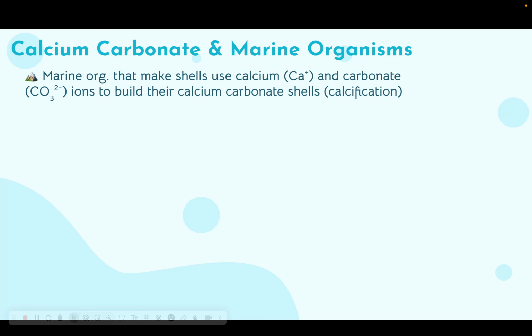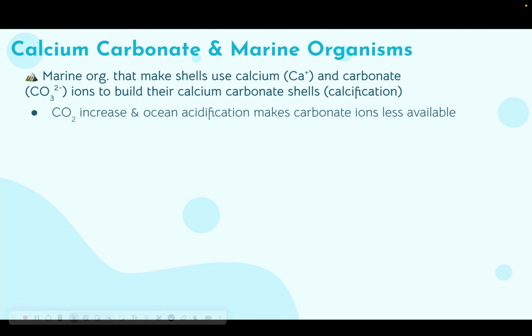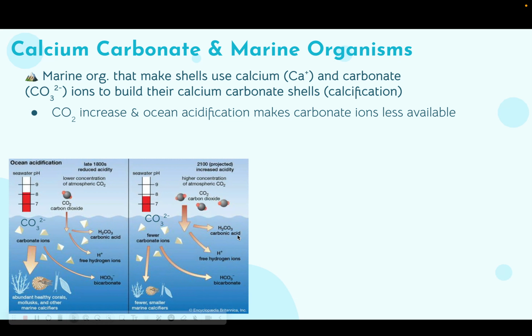So now they're not able to make their calcium carbonate shells, and so they can't go through the process of calcification, because now there's less carbonate ions available for them. And we've seen a major reduction in the amount of carbonate ions over time. We can see here the pH. Because this carbonic acid is going into the ocean water, it's going to drop our pH.